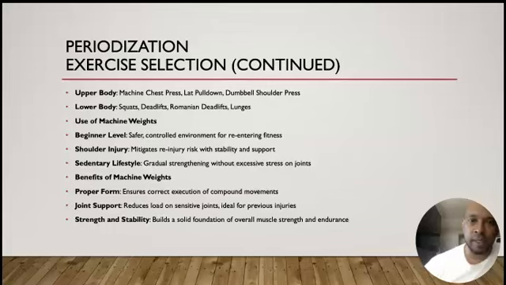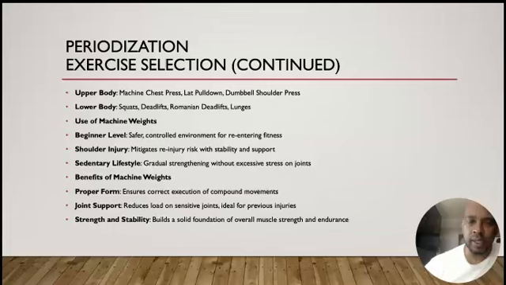So for the upper body, I suggested the machine chest press, lat pull down, lat cable pull down. Instead of a dumbbell shoulder press, I recommended a machine shoulder press. These exercises will help build strength and improve his muscle balance.